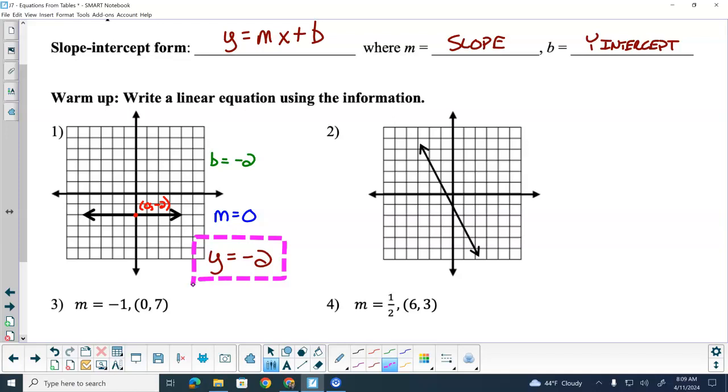Did you have enough time to do number 2? Fantastic. Let's do it together then. What do you got for a y-intercept? The y-intercept is where the line crosses the y-axis, not the slope. So it's got to have the point 0, comma something.